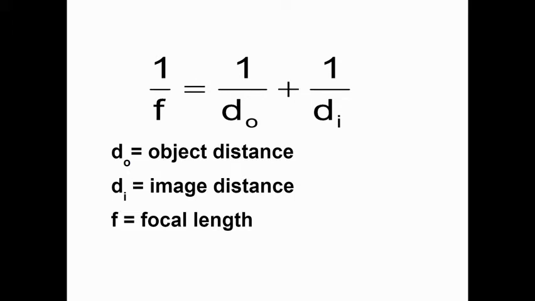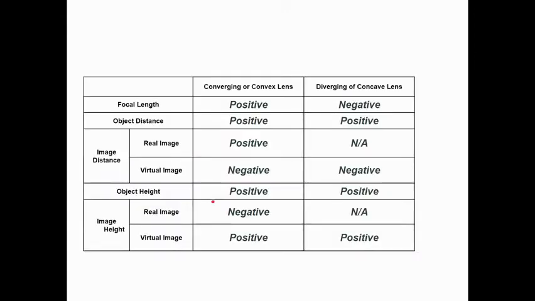So if, for example, I knew the object distance and the image distance, I could solve for the focal length. However, I would need to make sure that I do my algebra correctly, because if I get a fraction of 1/8 for 1 over DO plus 1 over DI, my focal length would be the inverse of that, which would be 8 over 1. We will definitely practice that, and I'll get back to this.